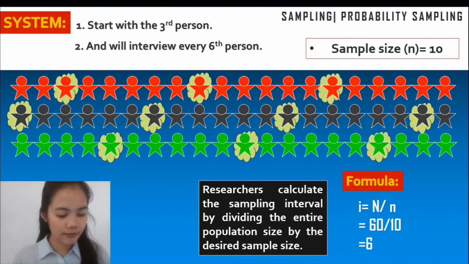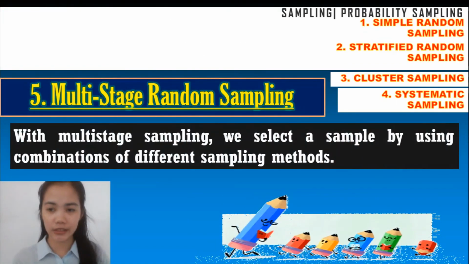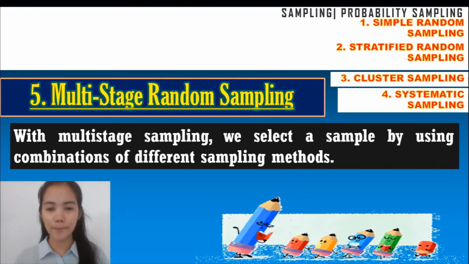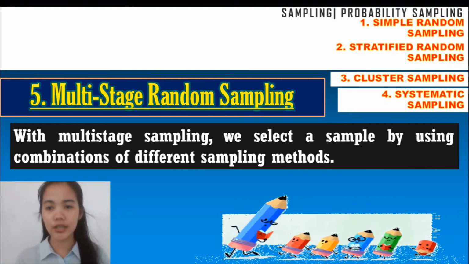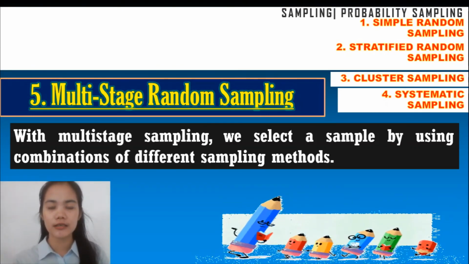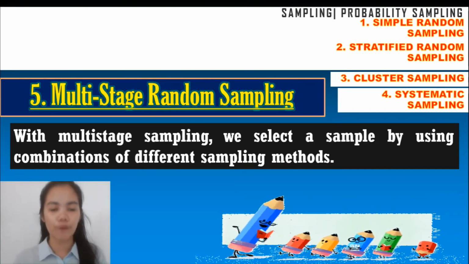Then we have the last method, multi-stage random sampling. With this method, we are just going to select a sample by using combinations of different sampling methods. We can use the 4 methods discussed before to perform this one.